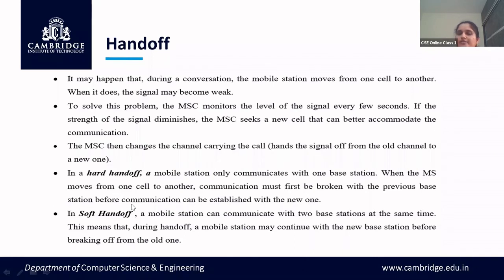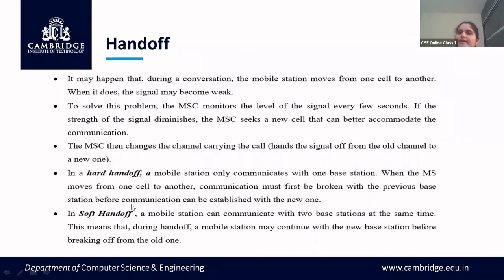In soft handoff, a mobile system can be connected to two or more base stations, and based upon the signal intensity, once it finds that the signal intensity is okay, it can leave the previous cell. That is called soft handoff.